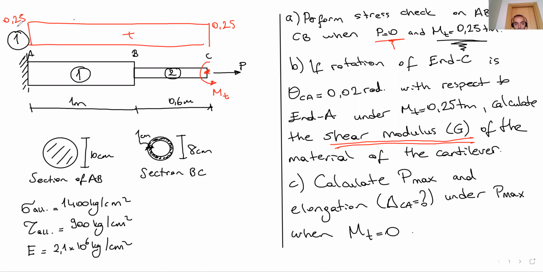So we can do it easily now. For this point, we are going to write the theta equation, then we are going to write it for this portion too. The summation of these separate portion rotations gives us the final result, which is for point C. Let's do it.